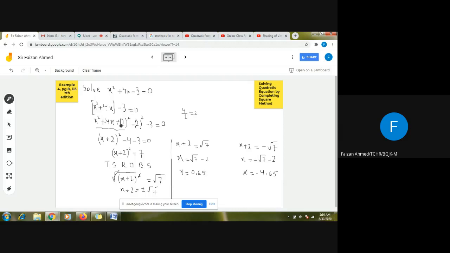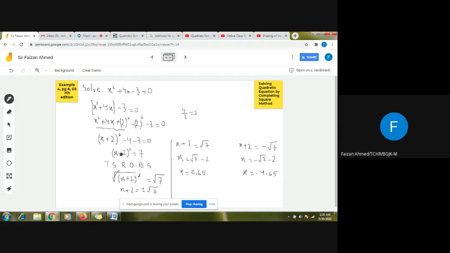On adding the square of 2, these three terms automatically form an identity, and I just have to close it. The value of a is x, the sign is positive, and the value of b is 2. So x plus 2 whole square is the identity. Then the square of 2 is 4, and then minus 3 equals 0. This minus 4 and this minus 3 is minus 7. I shift it to the other side, and it becomes positive 7.